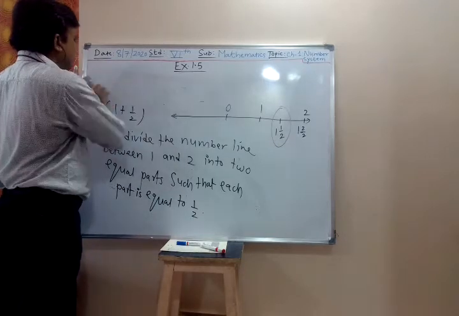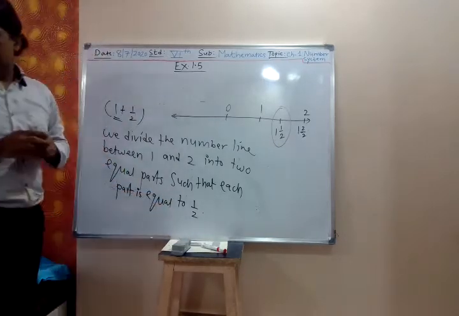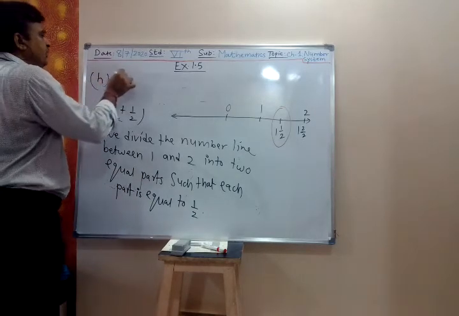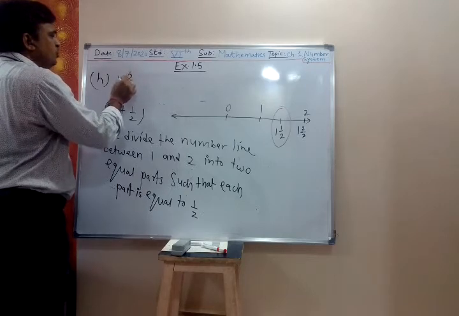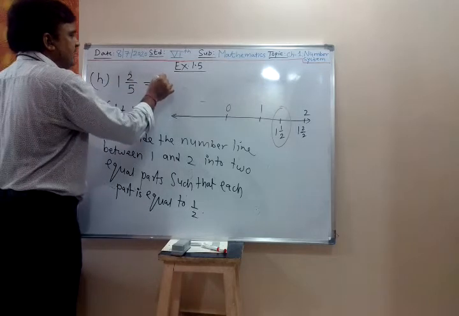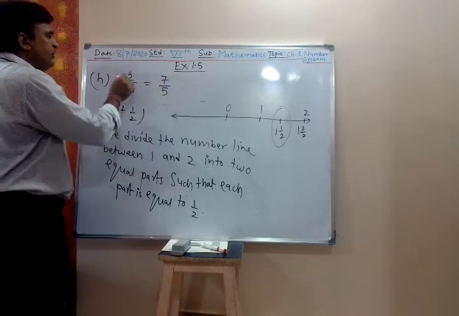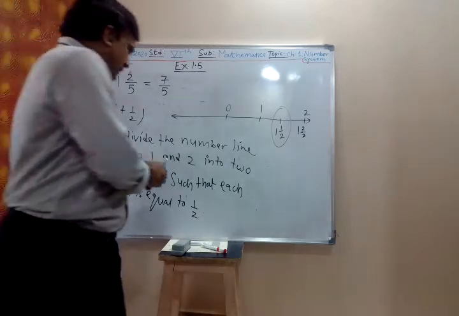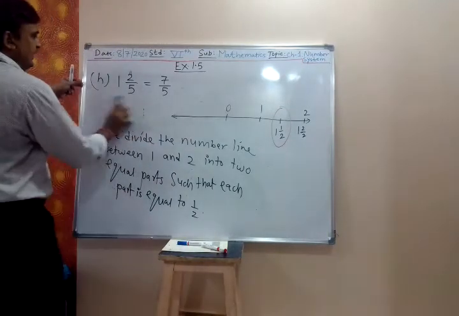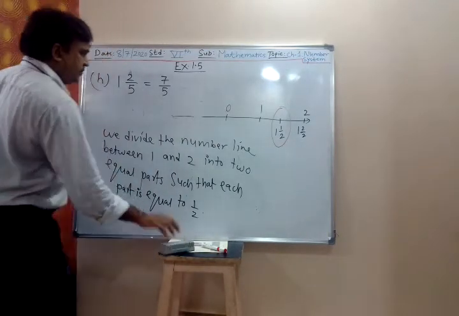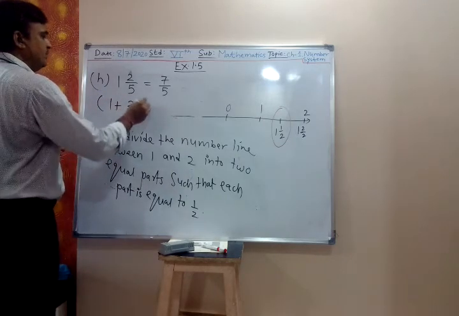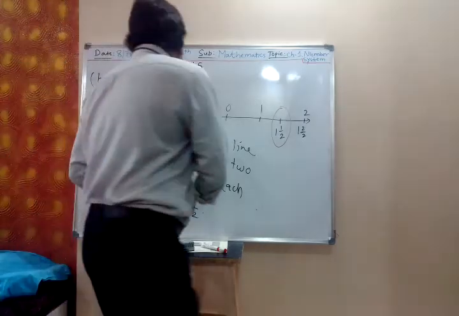Wait, let me do one more. 1 and 2 by 5. So this I can write as 5 ones are 5 plus 2, 7 by 5. 1 and 2 by 5 is 1 plus 2 by 5, so it is greater than 1.